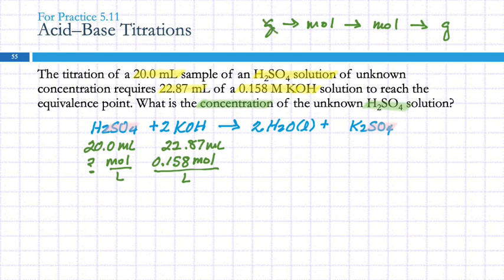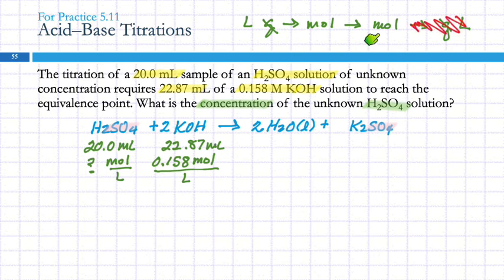So in solutions, we're looking at volumes instead of at masses, right? Now, in this problem, are we trying to find the volume of a solution at the end? We're trying to find the molarity. So actually, we don't want to go here at all.